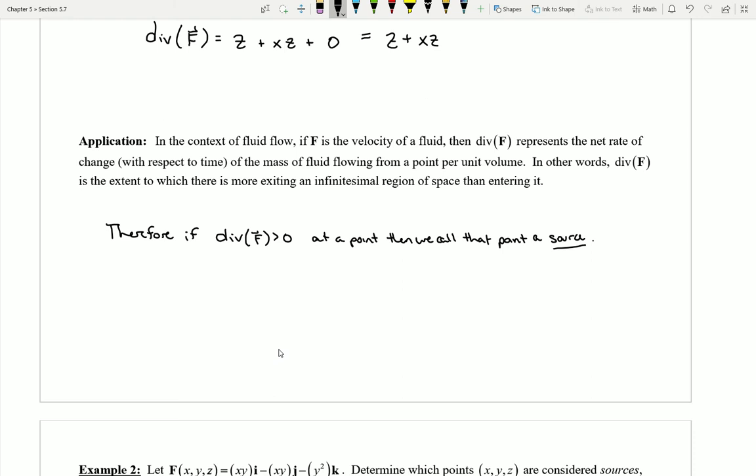So again, this divergence is a way to help us understand that at a specified point, at that infinitesimal region in space, is there fluid that is emanating from that region? That is, the divergence is positive and I have a source of fluid flow extending from a point. Or is it the case that the fluid is kind of being sucked in?